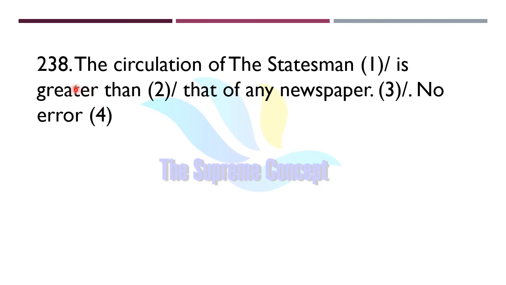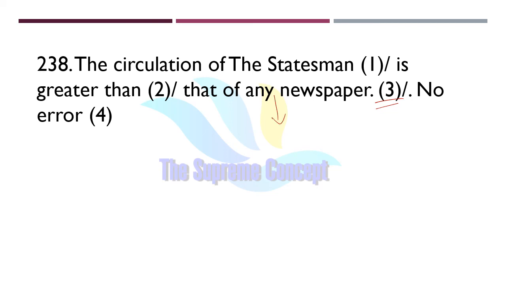Question number 238. The circulation of the statesman is greater than that of any newspaper. Now find out where exactly the error lies in this question. Yes, the error lies in part number 3. So it should be any other newspaper.